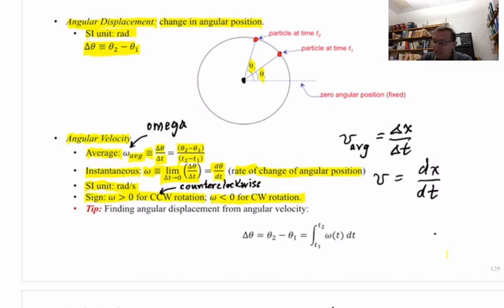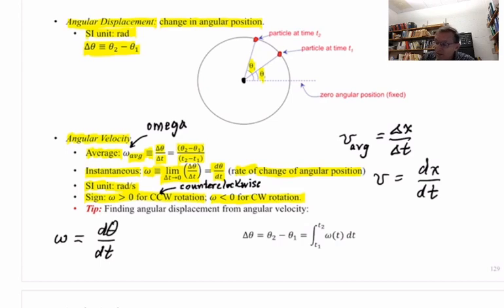Now, one other thing that may come up from time to time and is handy to remember. So I call it a tip. And that is that we can take this expression right up here. Actually, I'll write it right over here to the side. That instantaneous angular velocity is the derivative of angular position with respect to time.